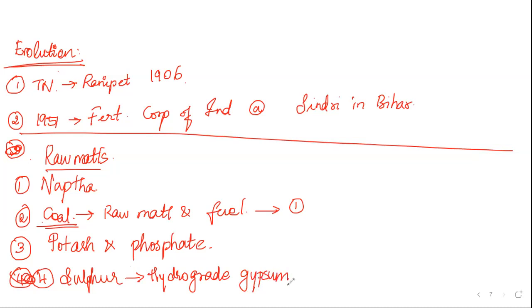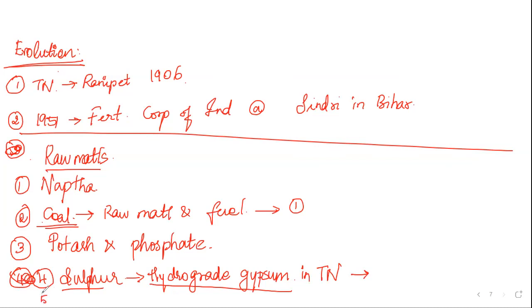From this, we can engage in the production of ammonium sulfate, which is an important sulfur-based fertilizer component.